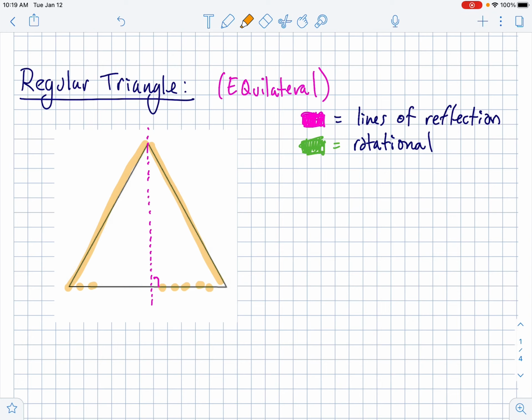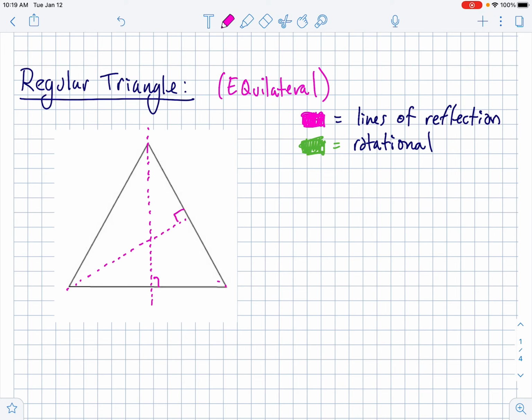So that is a line of reflection. But it's not the only line of reflection on this triangle. There's two more. You could also take this corner and bring it over to this side at a 90-degree angle. And that's another line of reflection where this side would match up with this side if you fold it, and then these bottom parts would also match up with each other.